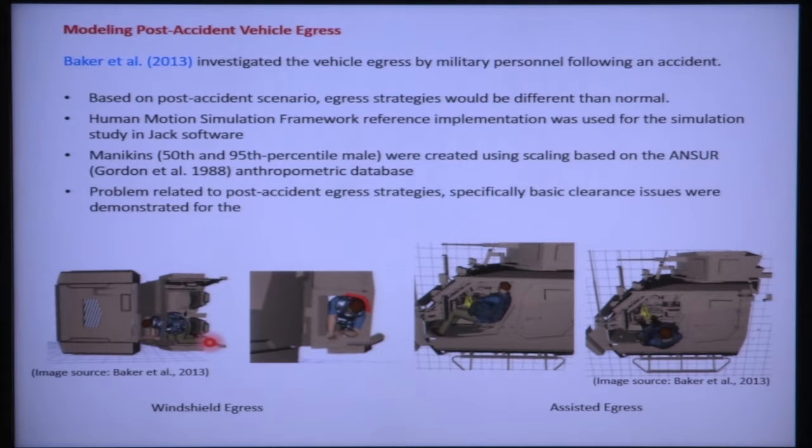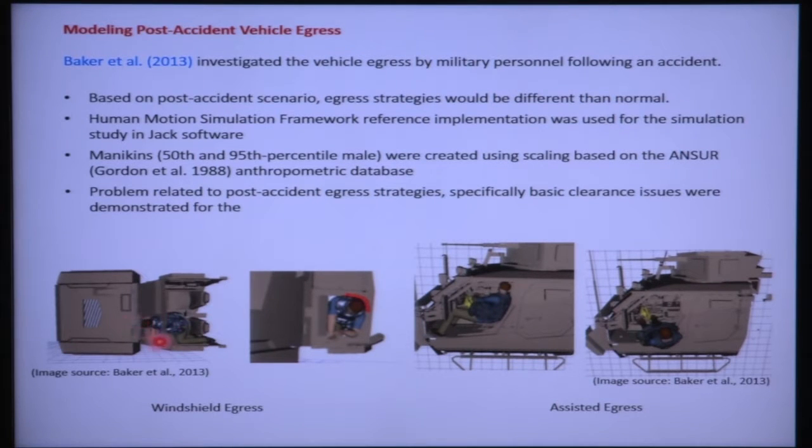So, in the normal case, they can enter through the side door, but in an accident scenario, the driver or the army personnel driving that vehicle may have to come out through the windshield. While they are coming out through the windshield, is the space provided sufficient for the person with arms and ammunition attached to the body, or a backpack?